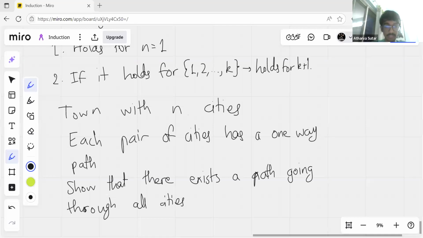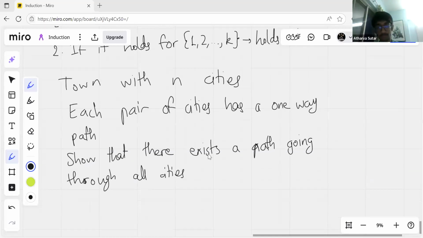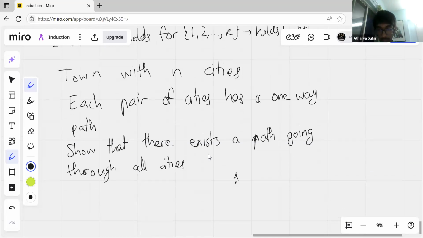A path is basically between two cities there is a road. If you have A, B, C, you can go from A to B, you can go from B to C, and you can go from A to C. This is an example of the town.